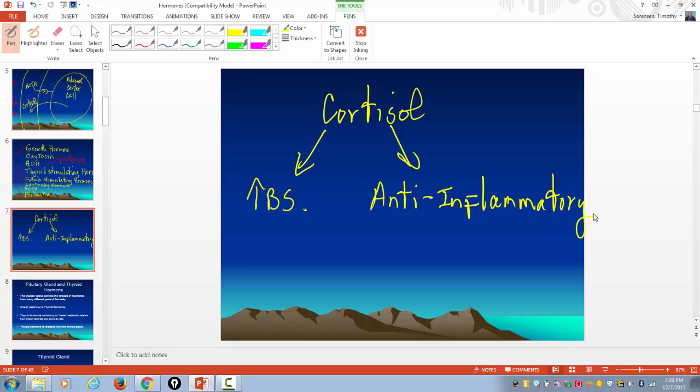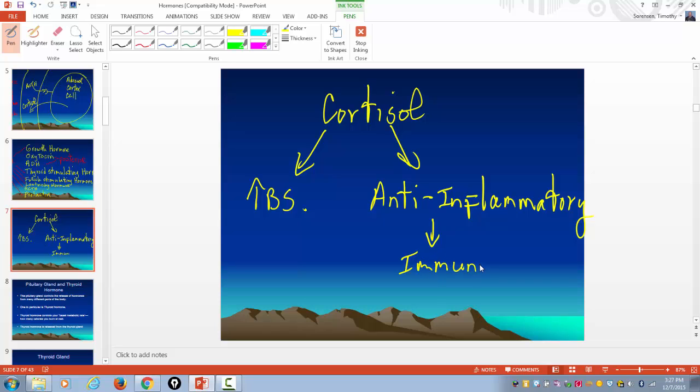So, when do people get cortisone derivatives? They'll get prednisone. Why? Because they have inflammation. You can get steroids when you have asthma or chronic bronchitis, both of which are inflammatory processes. And what produces inflammation? The immune system produces inflammation.